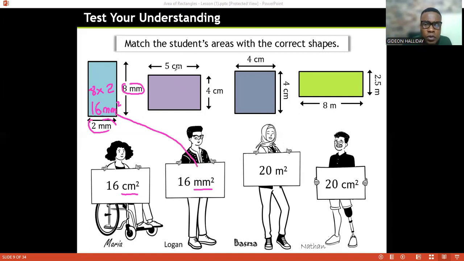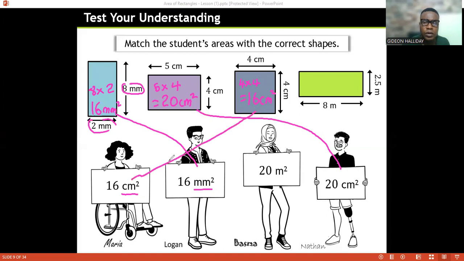And then the next one, that's 5 times 4. 5 times 4 is 20 centimeters square. That's for Nathan. And for this one, that's 4 times 4, and that's 16 centimeters square.